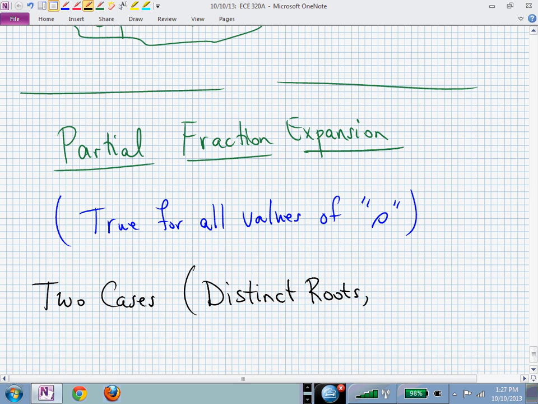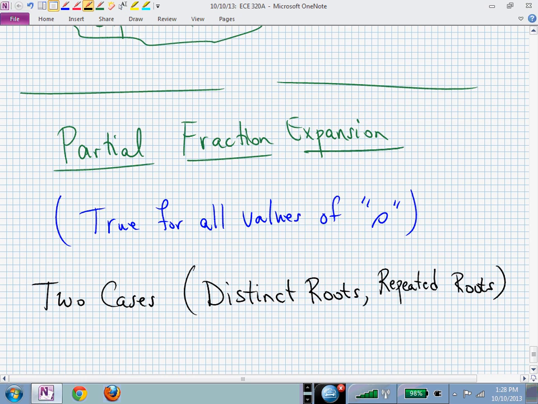That's now 4 distinct roots, and we would be in case number 1. If we had factored that polynomial and we have an s equal to -2, an s equal to -2, an s equal to -2, an s equal to -2, we have a repeated factor or repeated roots, and we would be in case number 2. And we would have to apply slightly different procedures for finding the partial fraction expansion. But we only have to worry about these two cases.